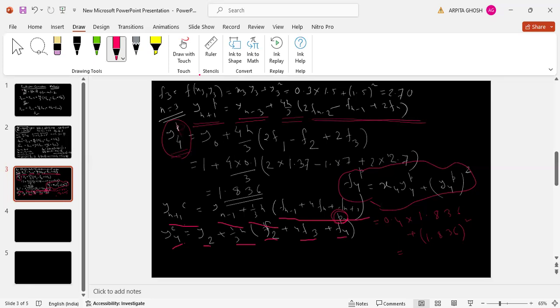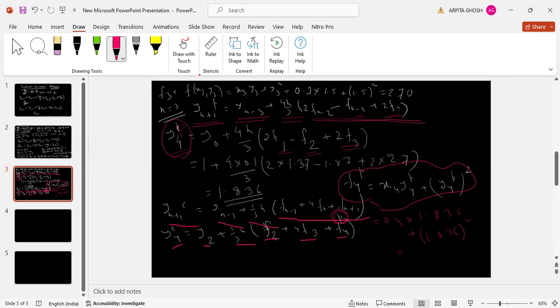So y4, and this p stands for predicted value. y4 predicted is the formula y n plus 1 p. So n equal to 3 we are putting. So y4 predicted is y0 plus 4 into h by 3 into 2 into f of n, n equal to 3, f of 3 minus 2 is f of 1, minus f of n minus 1, n is 3, so f of 2, plus 2 into f of n, 2 into f3.